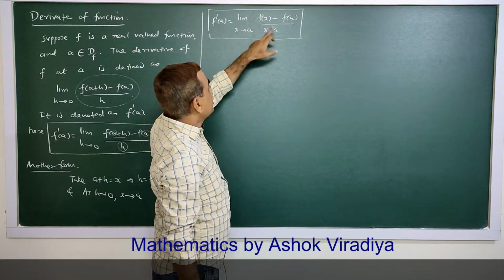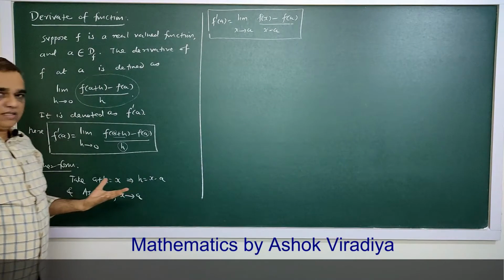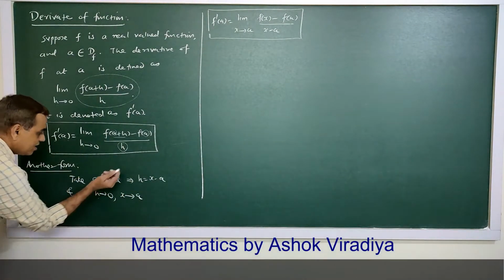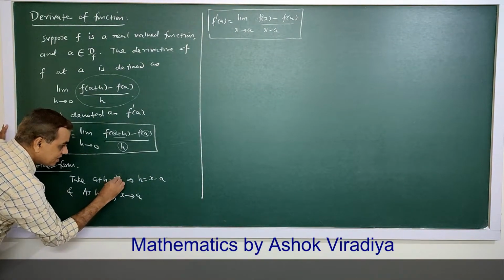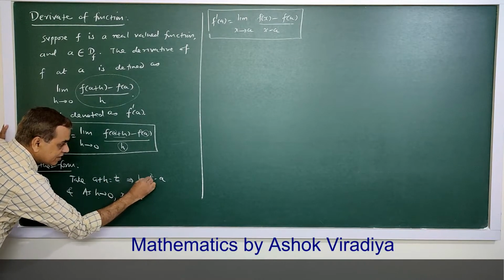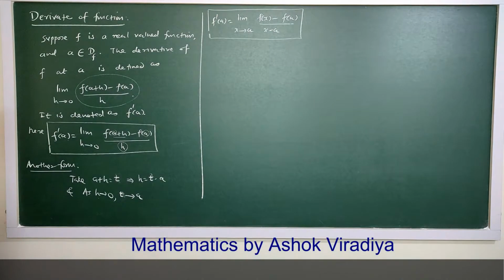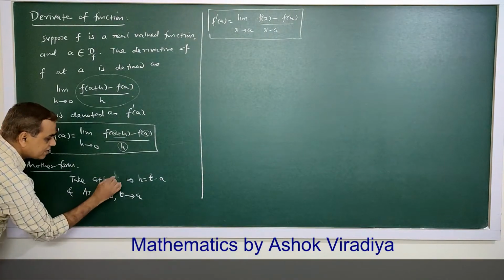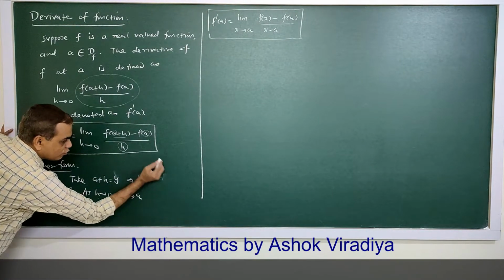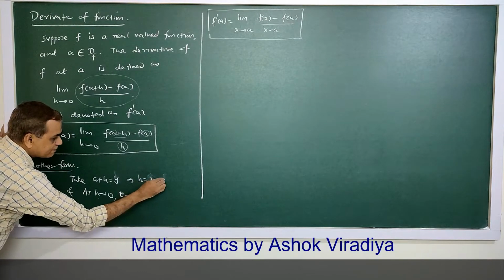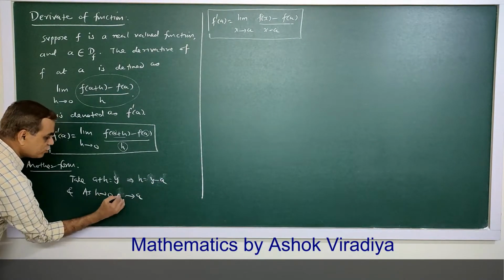Instead of x, you can use any variable. If instead of x you want to put t, then put t here, and then t tends to a. If you want to put y, put y minus a, so y tends to a.